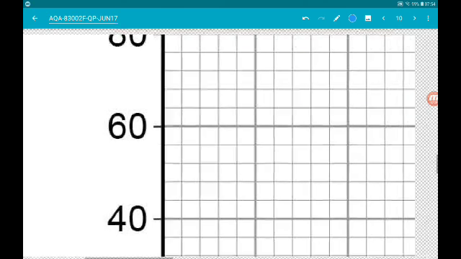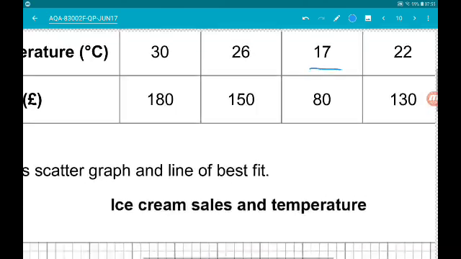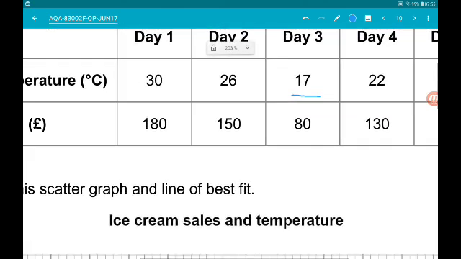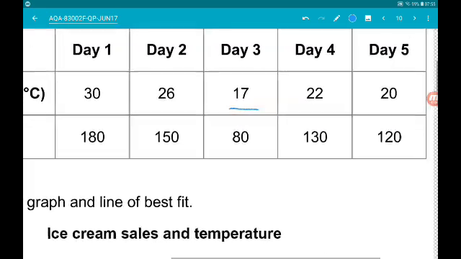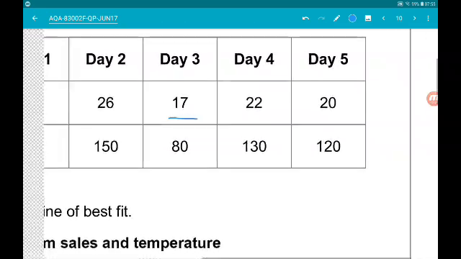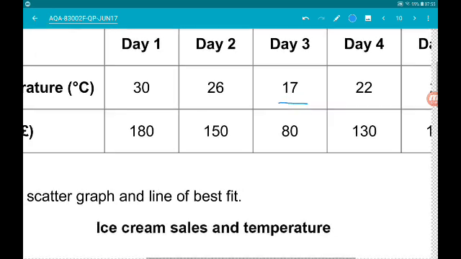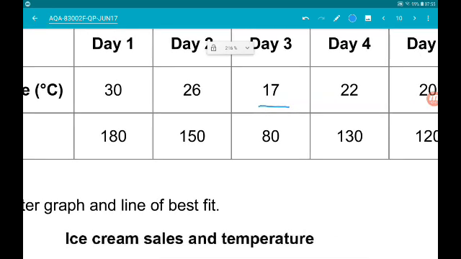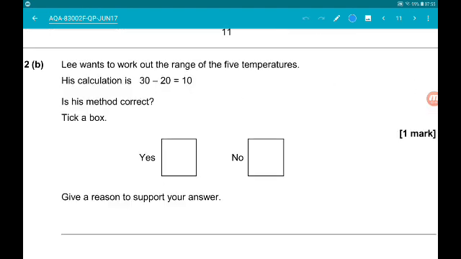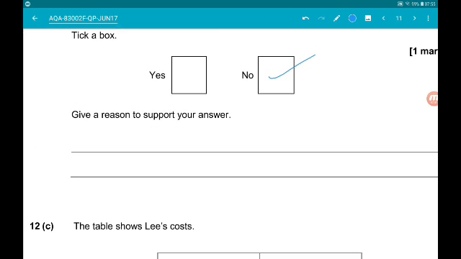So if we look at the values, the biggest is 30, but the smallest is 17. So 10 is not correct. Should be 30 minus 17, which is 13.